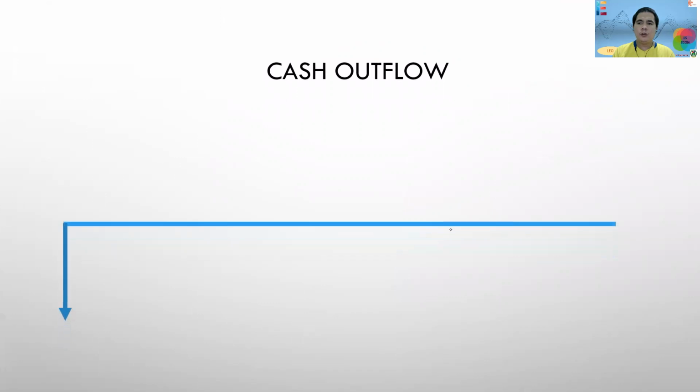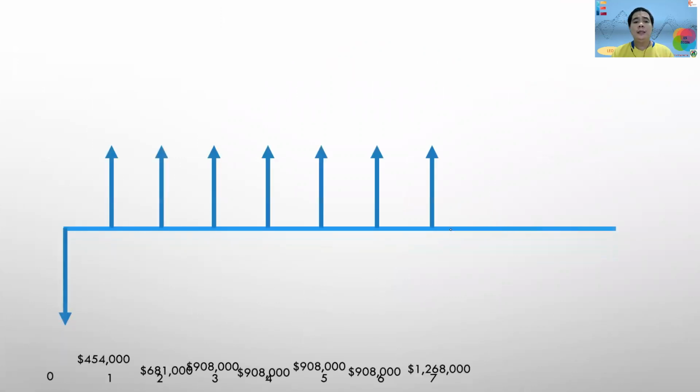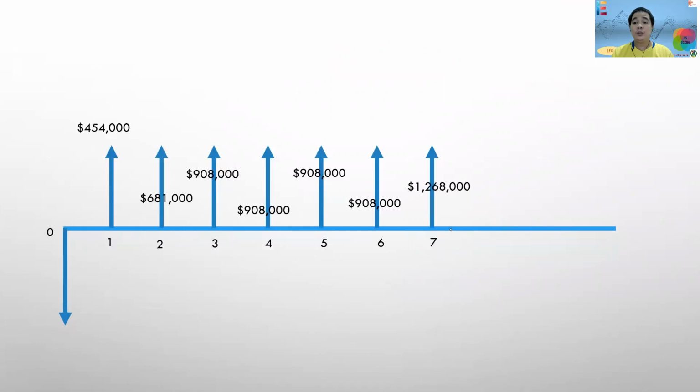So assuming we have the same problem actually, the cash outflow is 1.8 million at year 0 and your cash inflows, or the cost savings plus the salvage value in the 7th year, are the same.